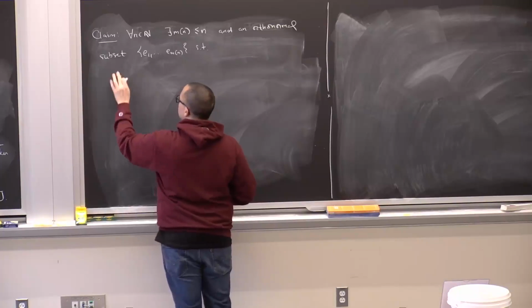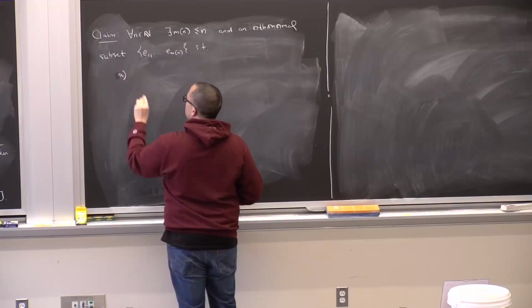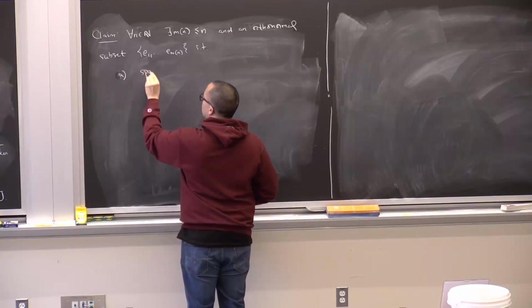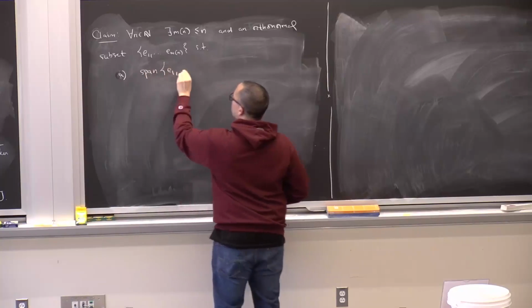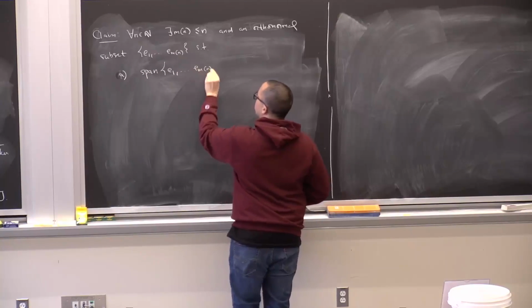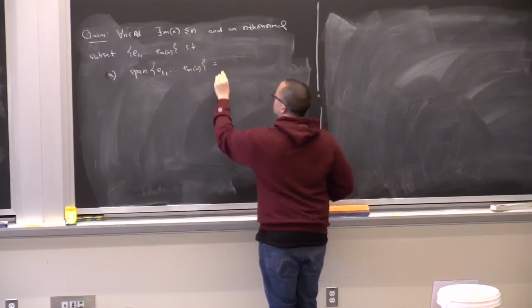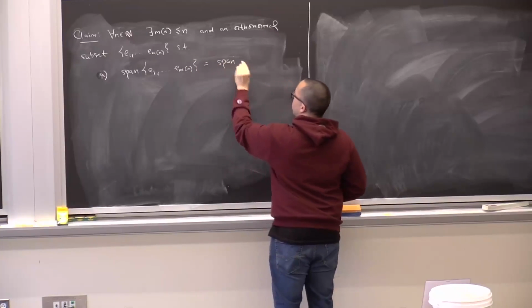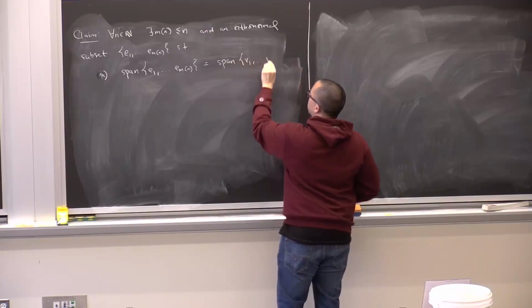First is the span of E1 up to E_m(n) equals the span of V1 up to Vn.